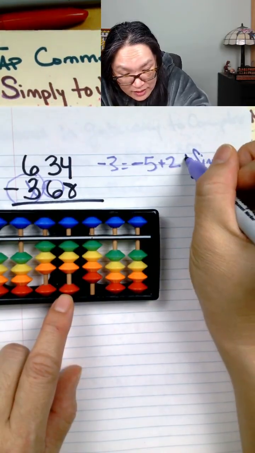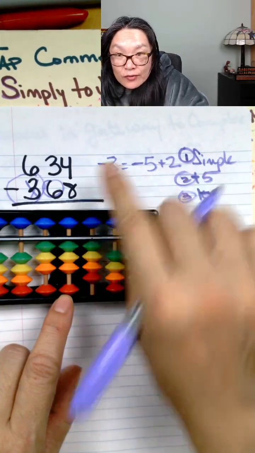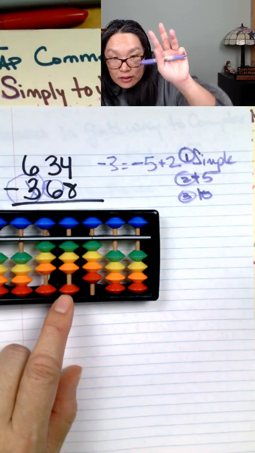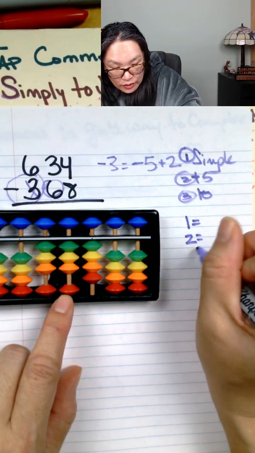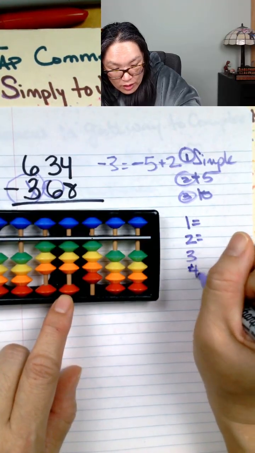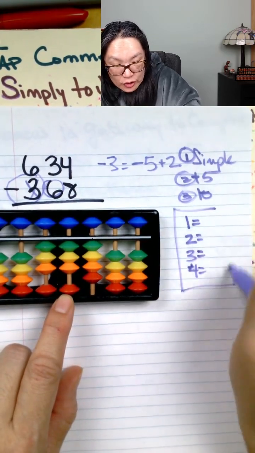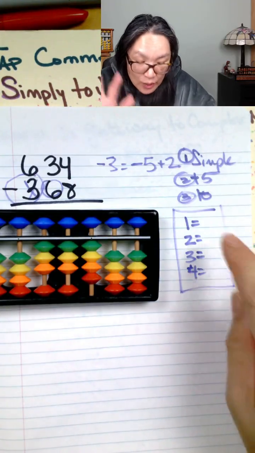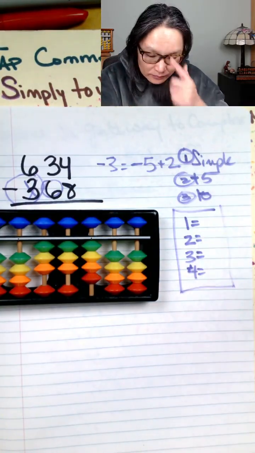So the process is first, second, and then third. It only happens for the 4, the 3, the 2, and the 1. All of these will have two formulas, no matter what, and it is up to us to figure out if we need to use the 5 or the 10.